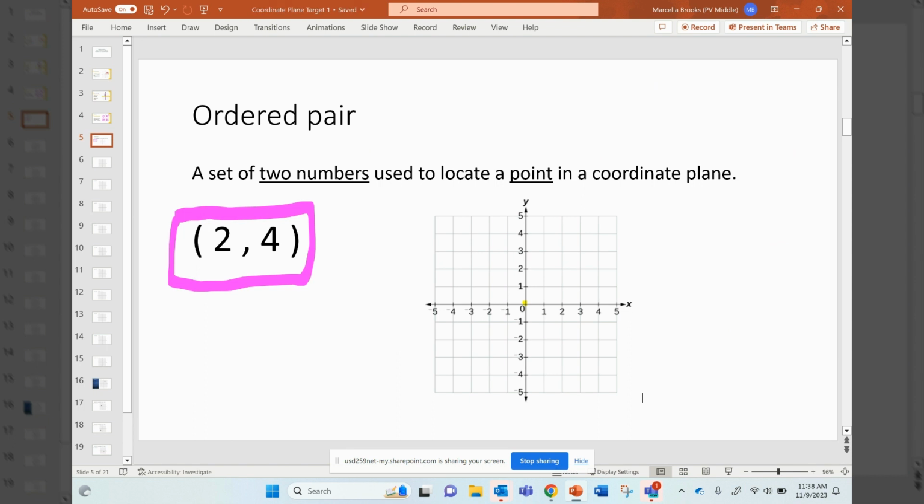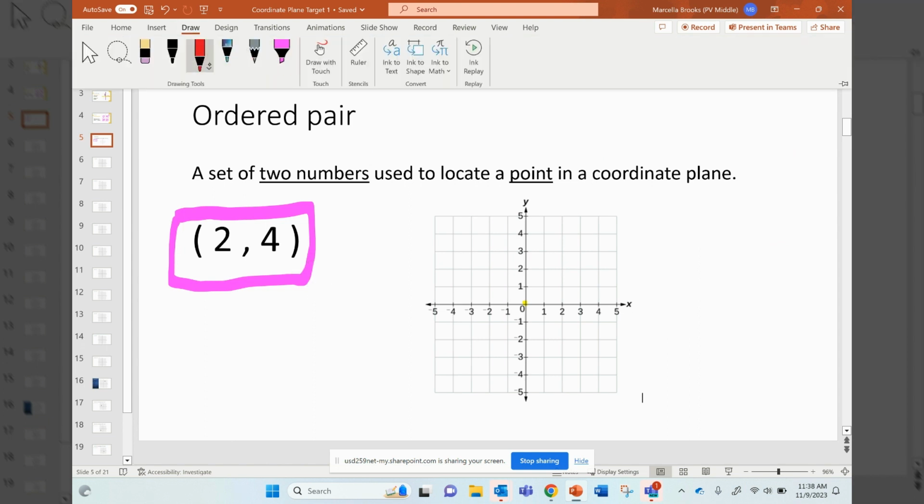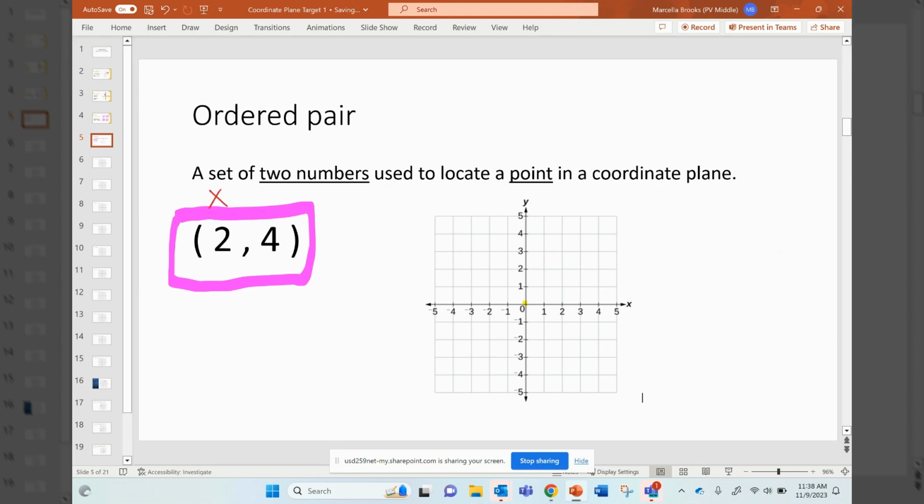The way we use the ordered pair, the first number is our x value, the second number is our y value. The x tells me to move right or left. The y tells me to move up or down.